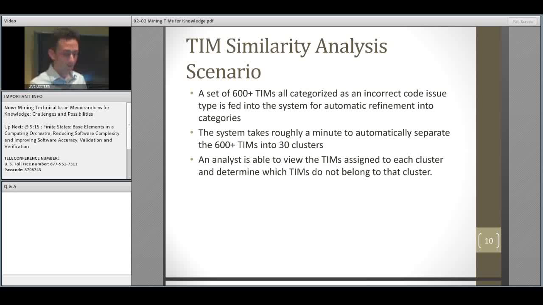So for each TIM, there's a set of words that are significant, and all these TIMs share that same set of words.